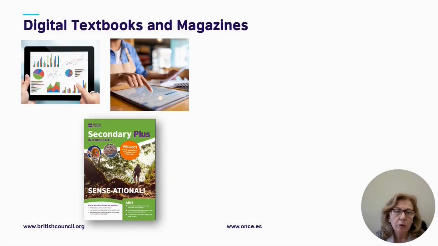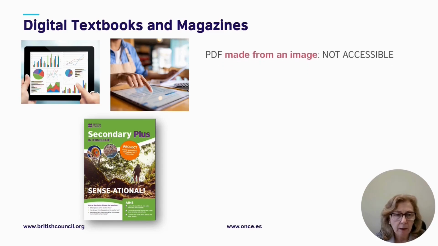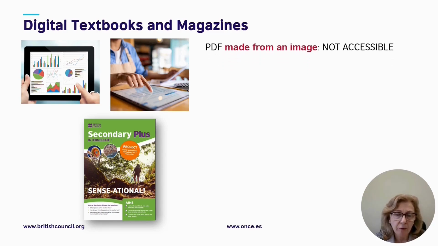One of the most used resources are digital textbooks and magazines. Most of them are not accessible yet. When we work with PDFs, we have to know that a PDF made from an image is not accessible. A PDF made from text depends on the original text it was made from.